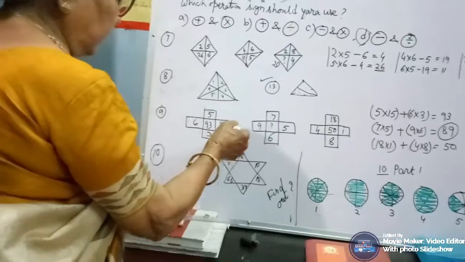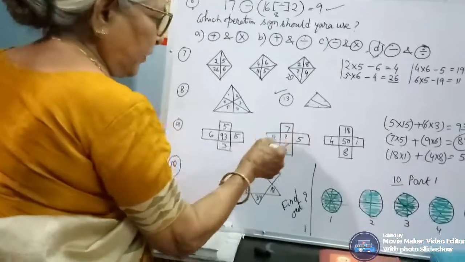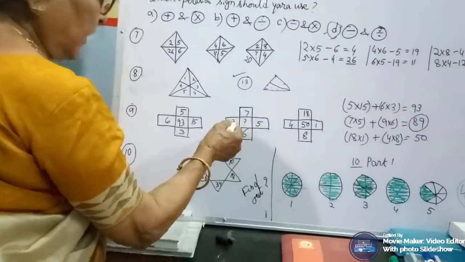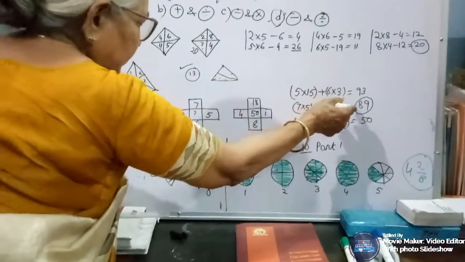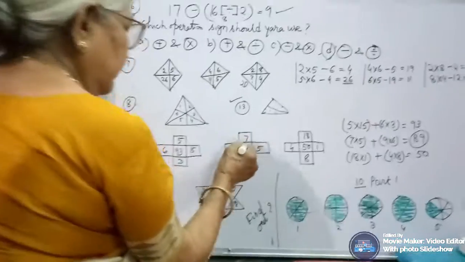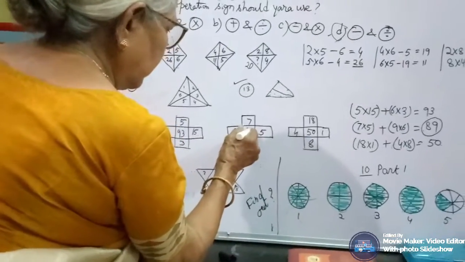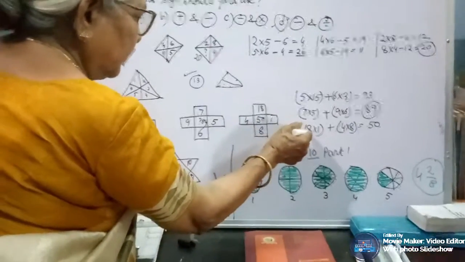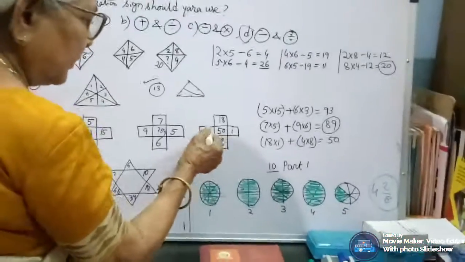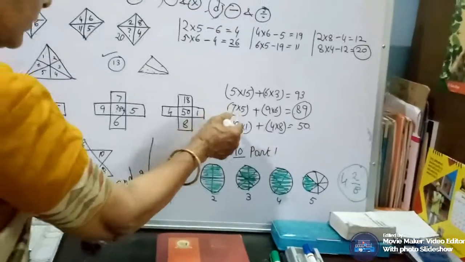Again the same way, this 7 into 5, 35, 9 6s are 54. Together it will be 89. So this number will be 89. Now the same way, 18 into 1 is 18, 4 into 8 is 32, 32 plus 18 is 50.